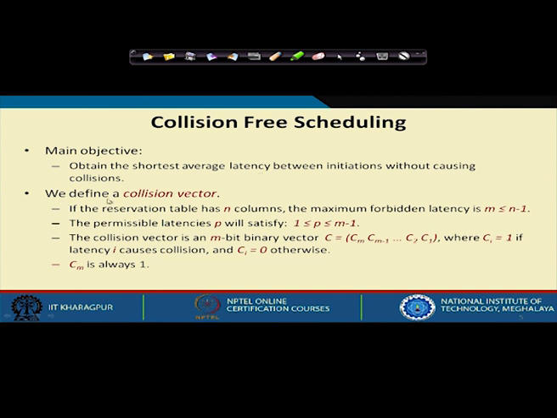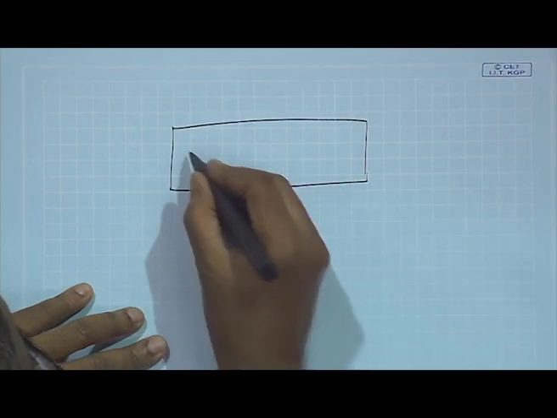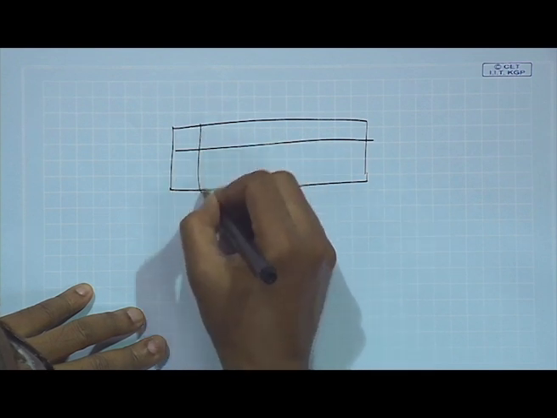We start by defining a data structure, or a vector you can call it, the collision vector. It is a bit vector. The collision vector is defined as follows. If we have a reservation table, there are rows and there are many columns.